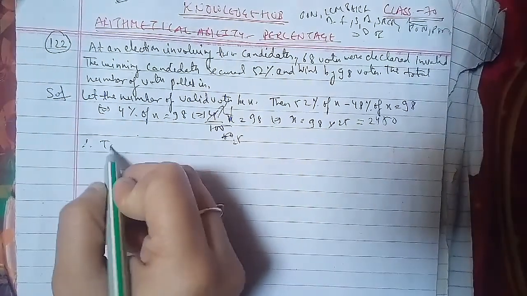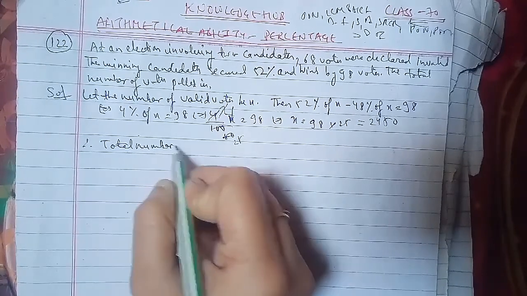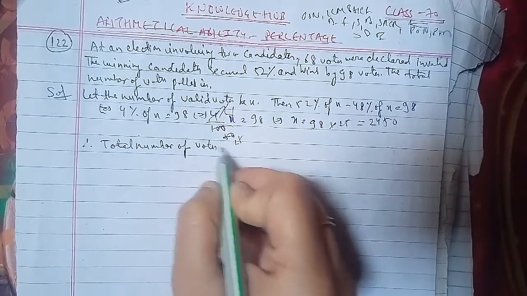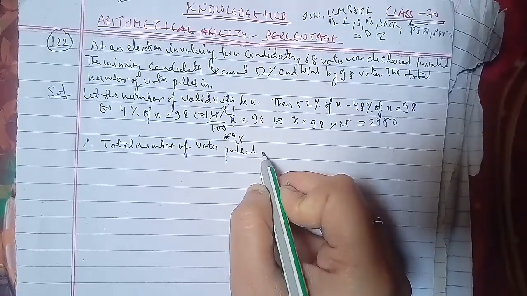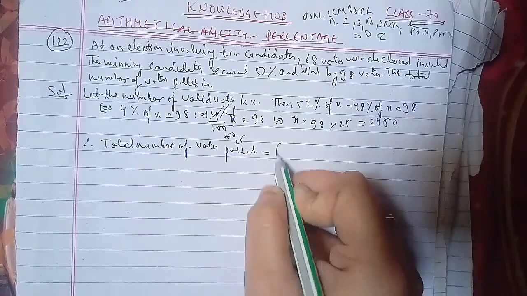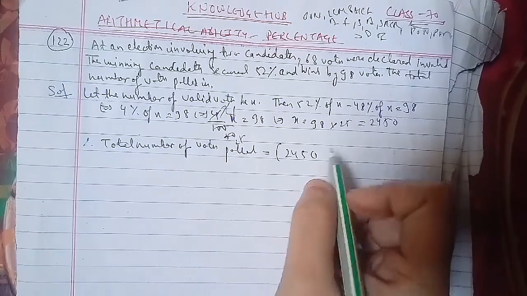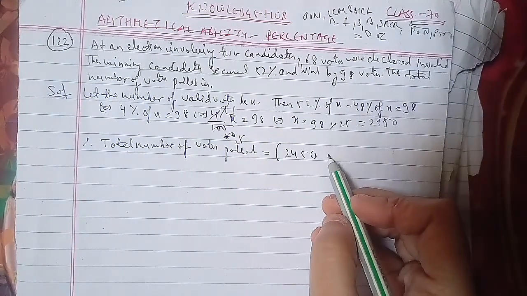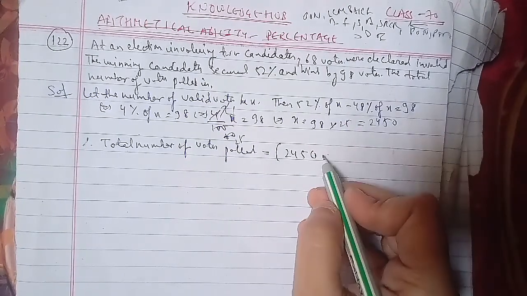So the total number of valid votes polled equals 2450, and 68 votes were declared invalid.